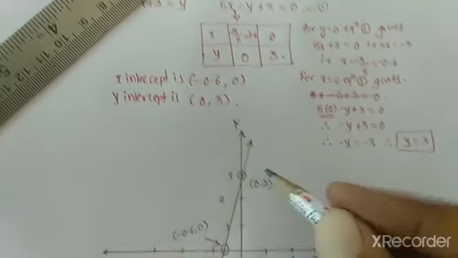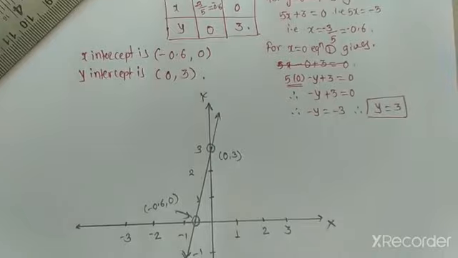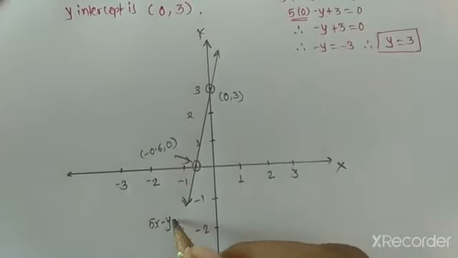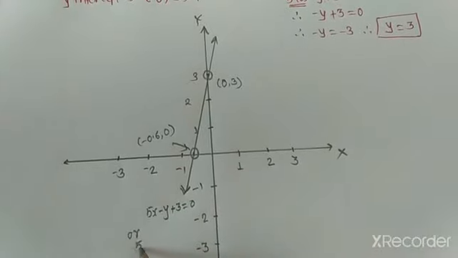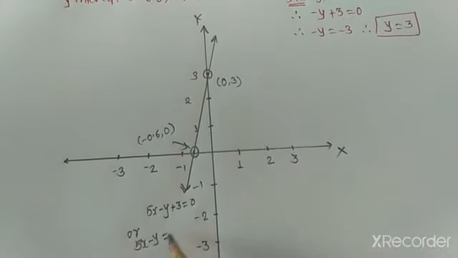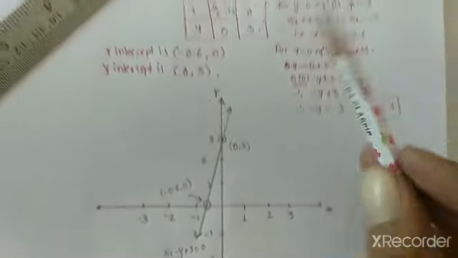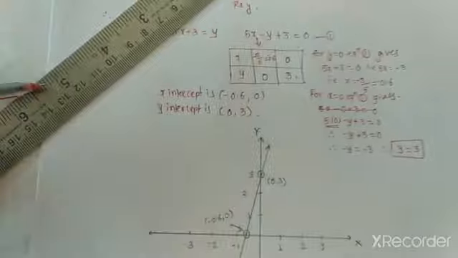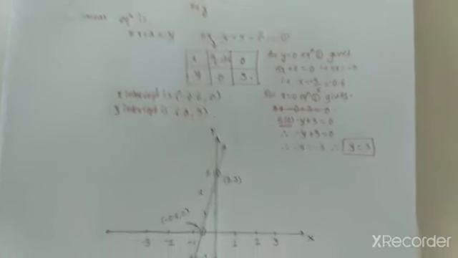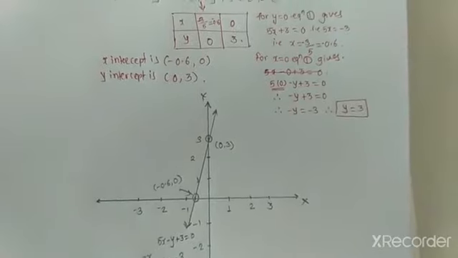So this line will represent the line 5x minus y plus 3 equal to 0, or you can write 5x minus y is equal to minus 3, which is a linear equation in 2 variables. Okay, so this is the required solution for the given question.